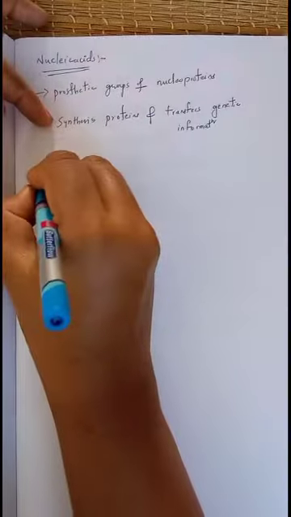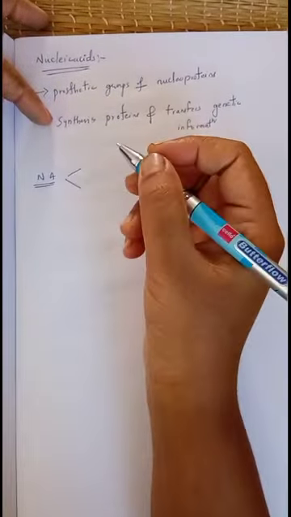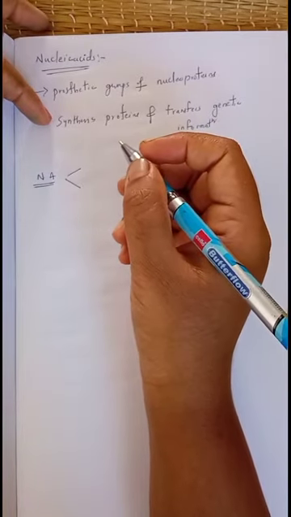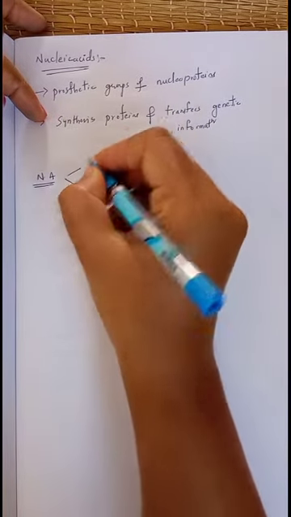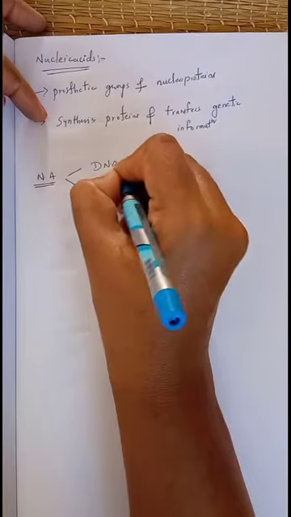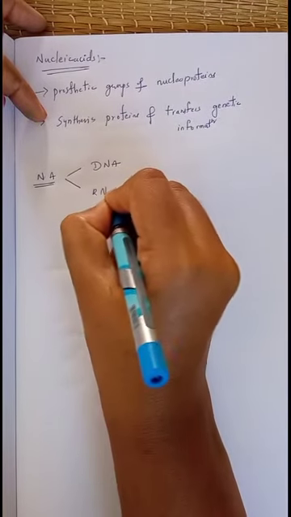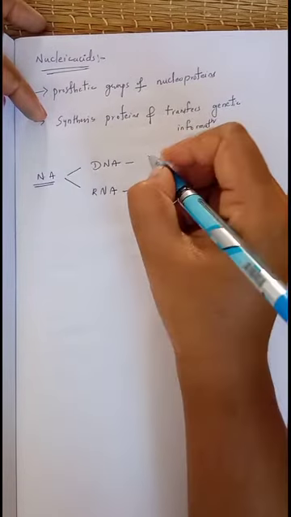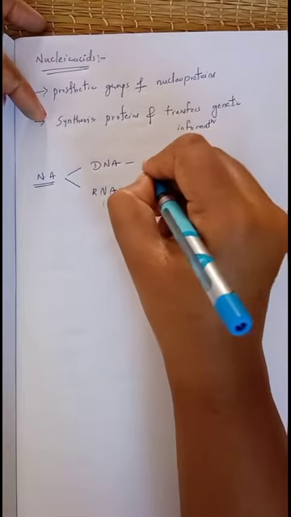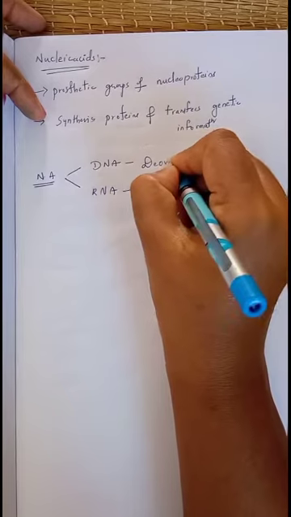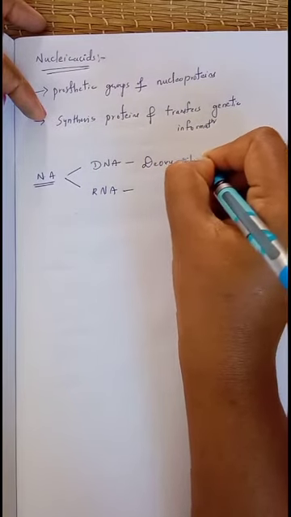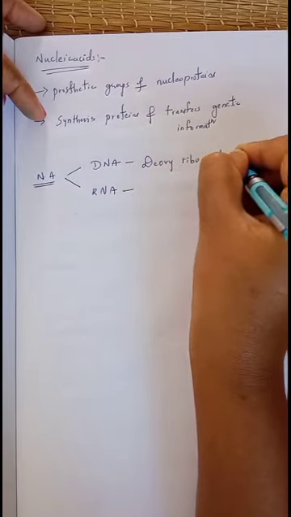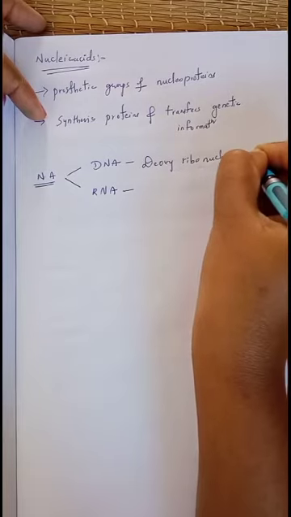Nucleic acids are mainly classified into two types. The first one is called DNA and the other one is RNA. DNA is called deoxyribonucleic acid.